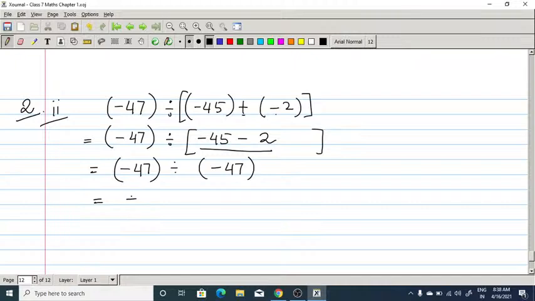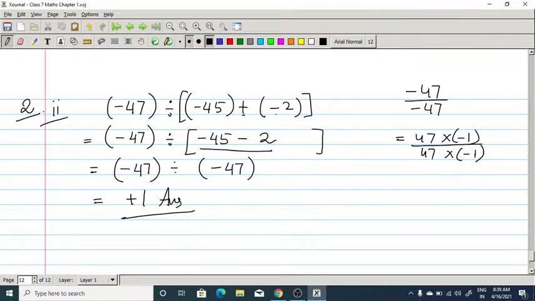So minus 47 divided by minus 47 will be plus 1. Because minus 47 divided by minus 47 is equivalent to 47 into minus 1 divided by 47 into minus 1. So 47 gets cancelled, minus 1 gets cancelled, and you have 1 as the final answer.